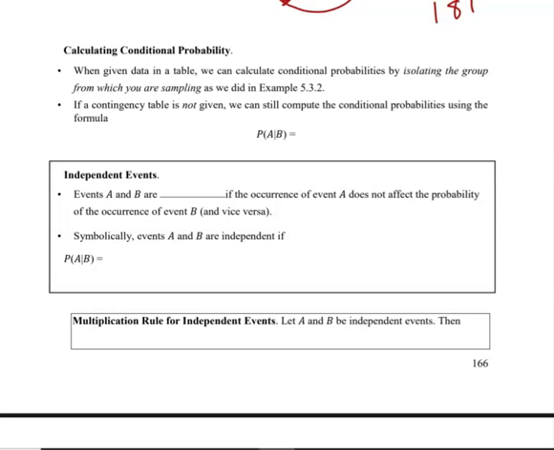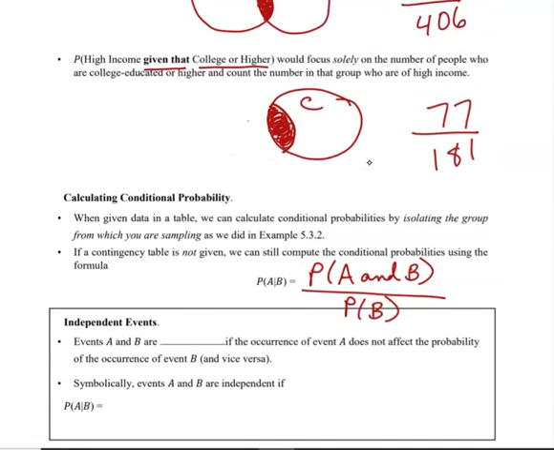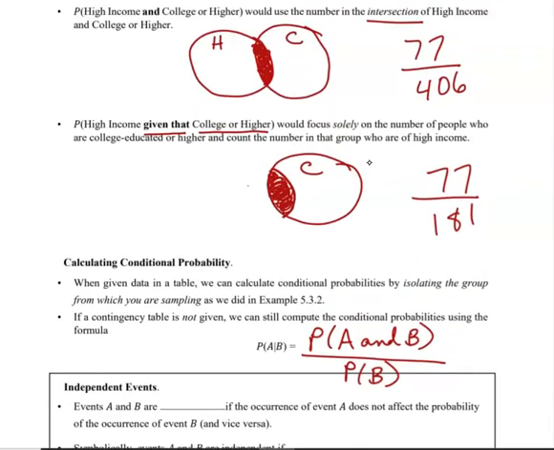But if the table is not given and you're asked about a conditional probability, we can still use a formula to help us calculate it. We could figure that out by doing the probability of A and B divided by just the probability of B. If you'll notice, actually, that is what we did back here in a way.